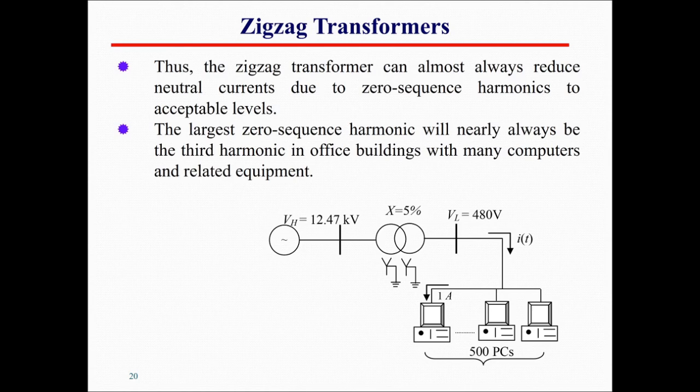The zigzag transformer can almost always reduce the neutral current due to zero sequence to an acceptable level. The largest zero sequence harmonic will nearly always be the third harmonic in an office building with many computers and related equipment. If we have a building that contains many computers, of course we're going to have zero sequence current or third harmonic, so that could overload the neutral.